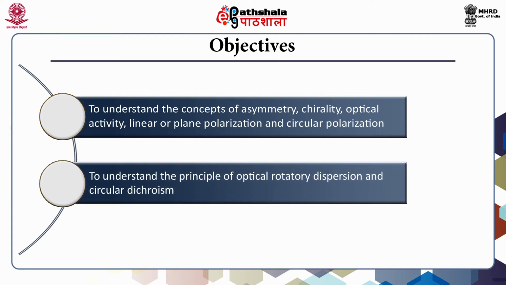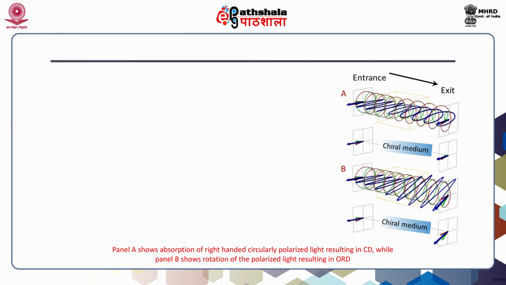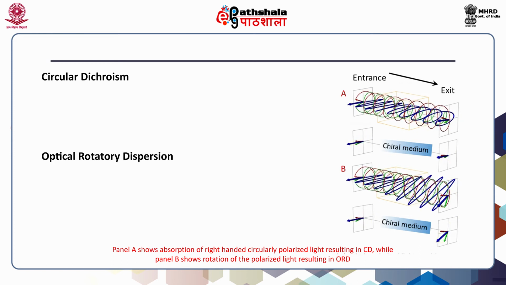We shall learn circular dichroism and optical rotatory dispersion phenomena, how CD and ORD can be used to differentiate configuration and conformation of optically active molecules. I shall also discuss the relationship between CD and ORD in this lecture. In this slide, we have created some animations to show the difference between circular dichroism and optical rotatory dispersion.